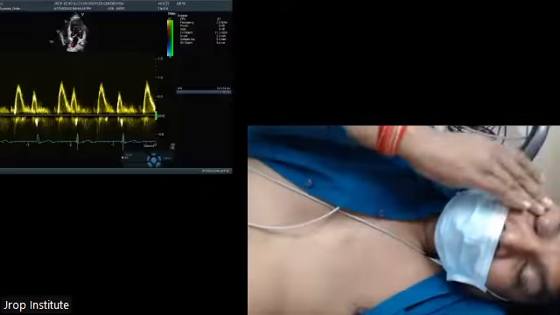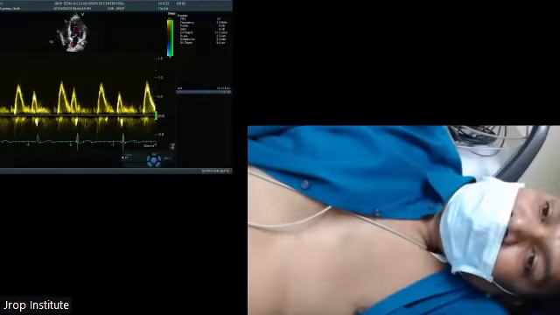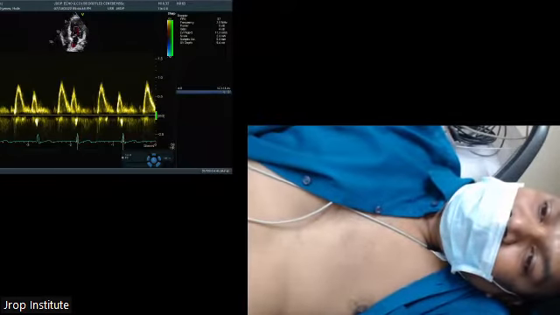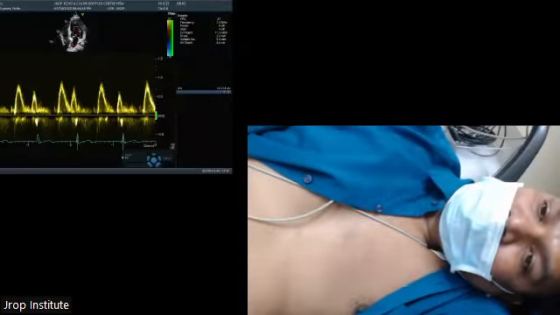Yes, sir. There is one parameter which is known as color flow mapping. In that parameter, we increase the sweep speed to almost 100 millimeters per second. Okay, sir. Thank you, sir.